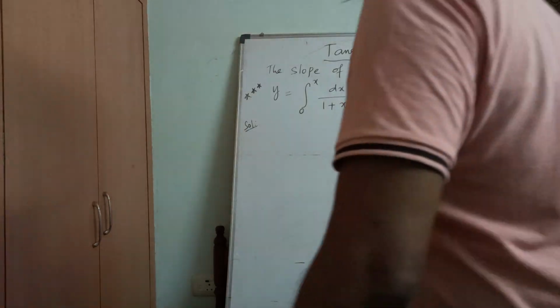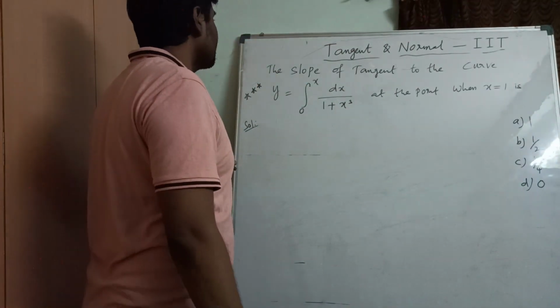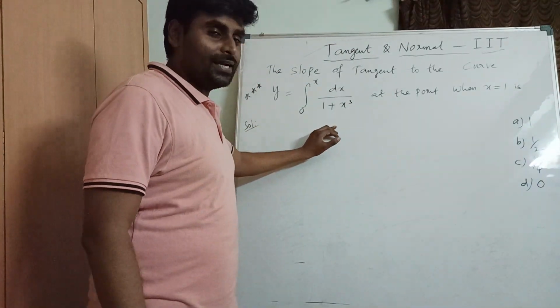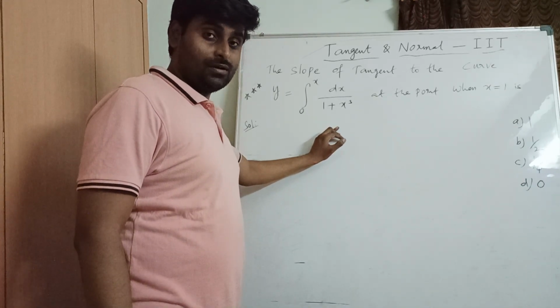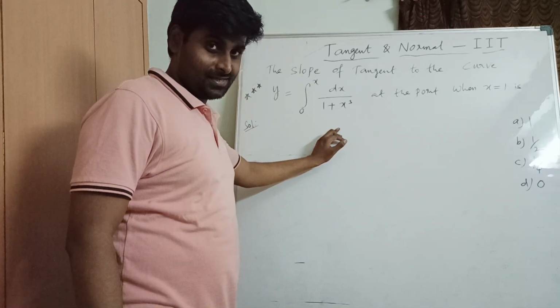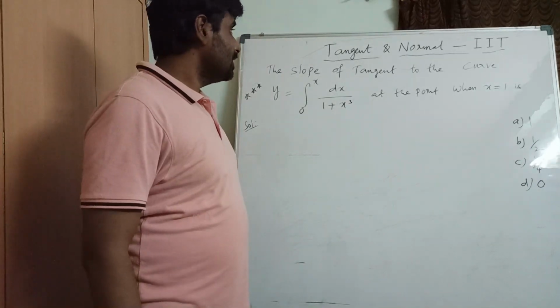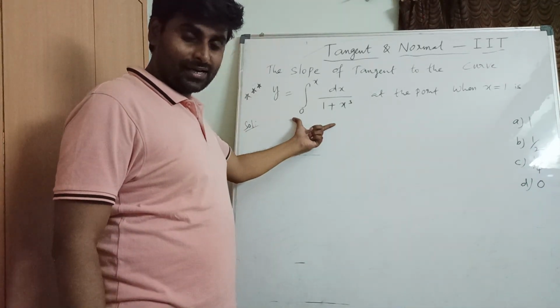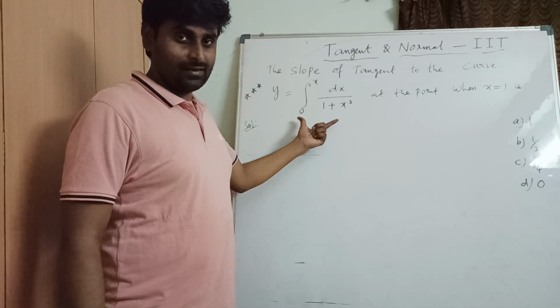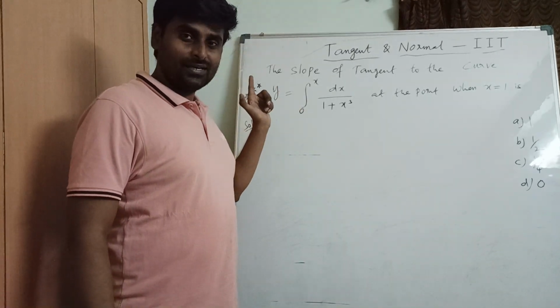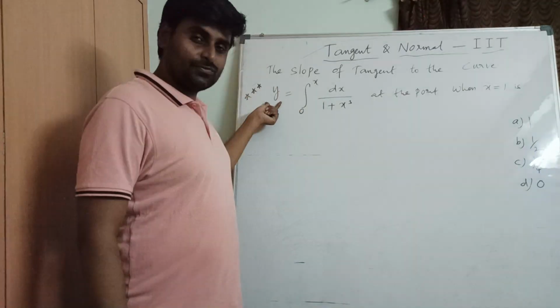So now let us look at this problem, which is very important and based on a very important concept. Generally, whenever you are given a definite integral for the function y, how can you differentiate it?